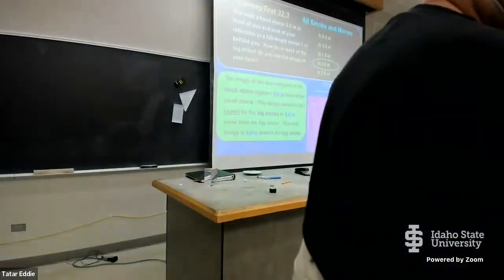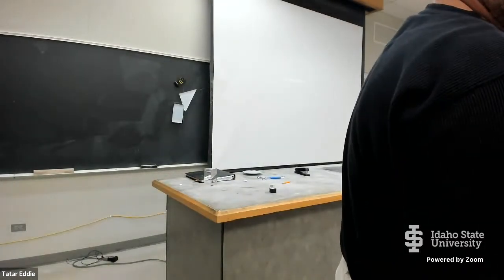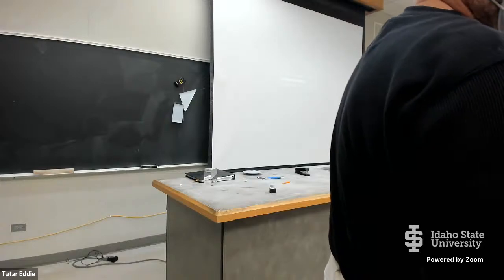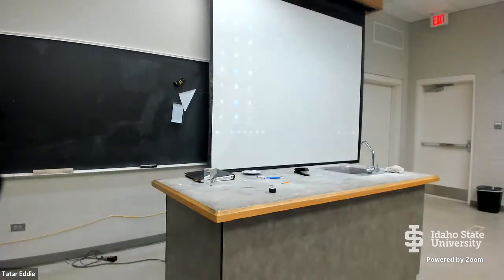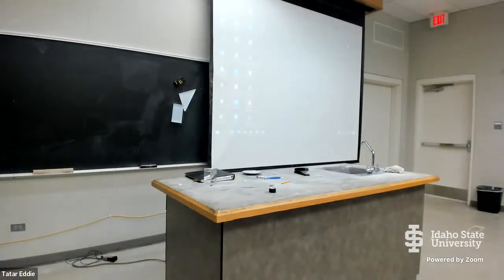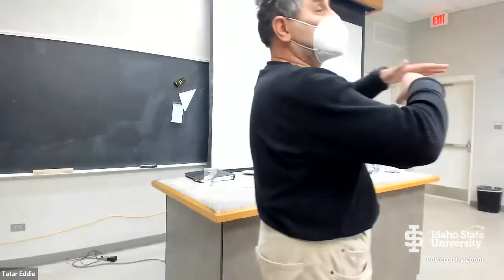Okay, so let's go to the next chapter, and next time we can continue with conceptual questions. So look, imagine that you have the interface of 2 different transparent media.